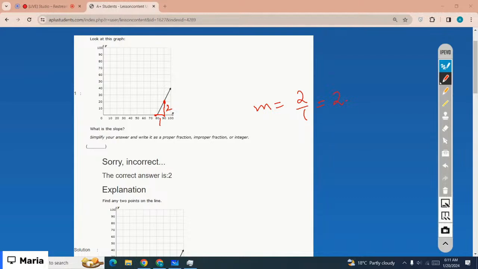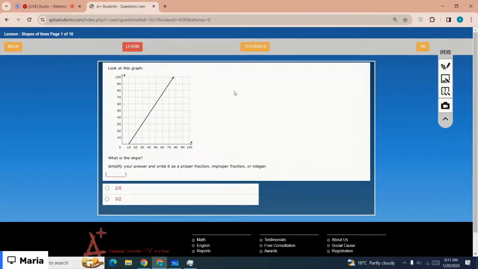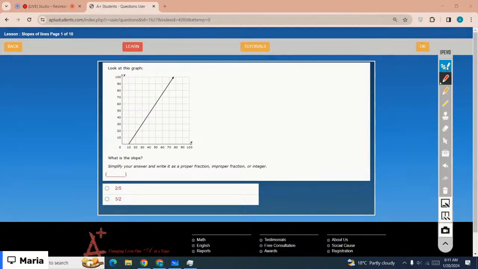Also, you can use the coordinates of these 2 points and then evaluate by doing y2 minus y1 divided by x2 minus x1, right? Let's just start with the test questions. Okay, what is the slope? So just select any 2 points on the graph. Here is the first one and here is the second one. Just look at their coordinates.